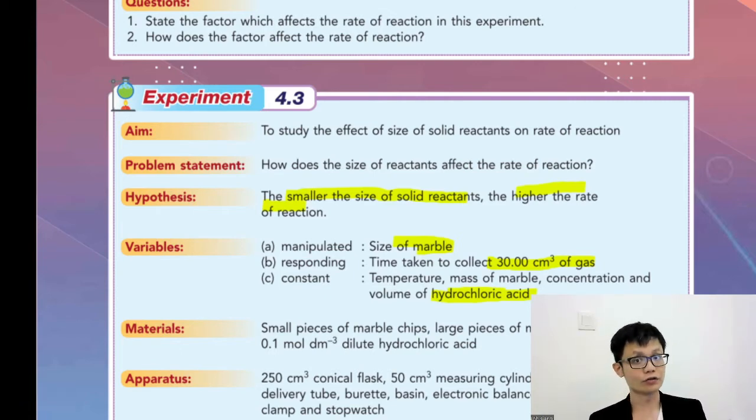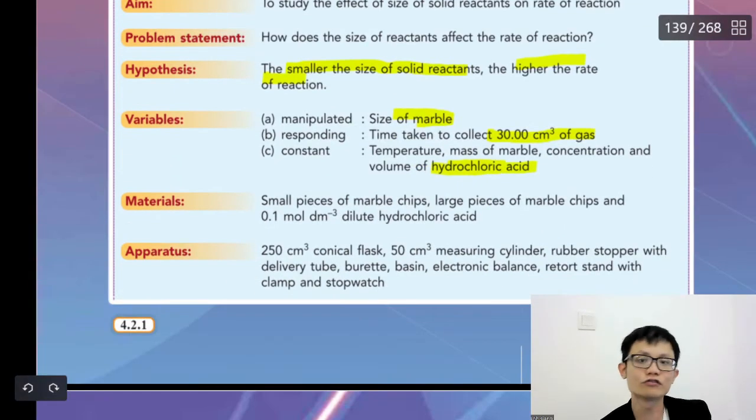You can use anything to do this experiment, or maybe you can use a chicken egg, correct or not? The chicken egg also has a lot of carbonate, and you use maybe vinegar. I think vinegar will make the chicken egg produce bubbles. Up to you how you want to do the experiment. You want to use sugar also can. Easier, just use sugar.